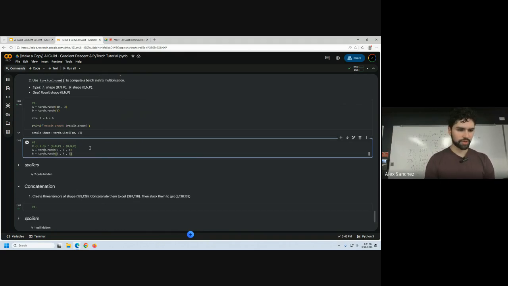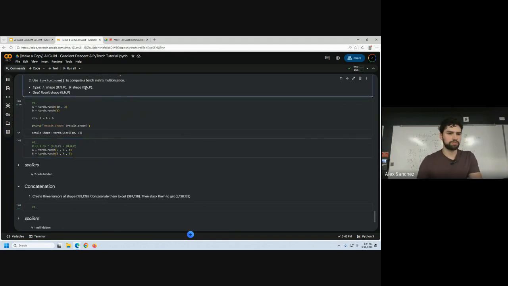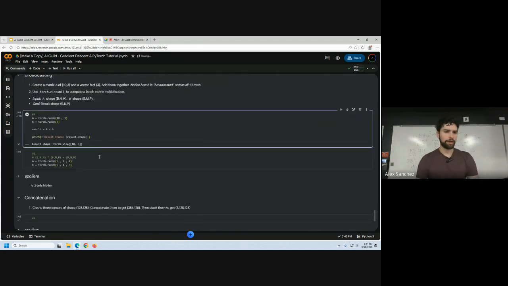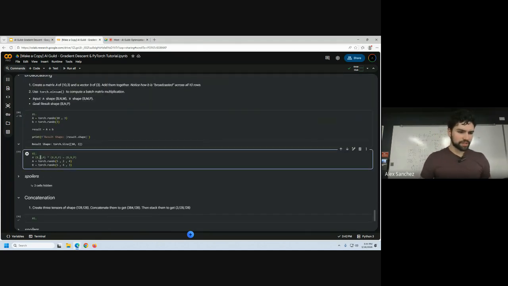First, let's randomize. Sorry, here I'm at M. I put this wrong here, my apologies. So basically, the batch dimensionality is the same.